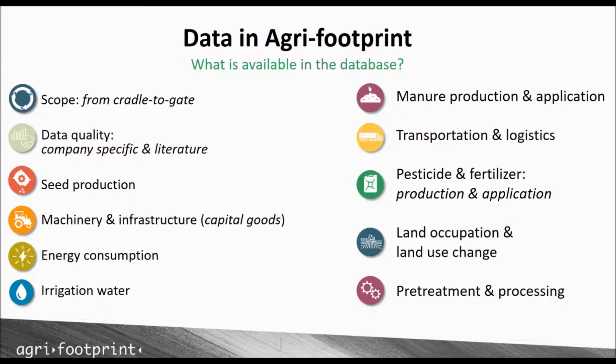We are also including transportation modes and emissions due to logistics. And finally, the land occupation and the impact due to land use change are also included. The pre-treatment and processing of crops, of course, is also part of our database.